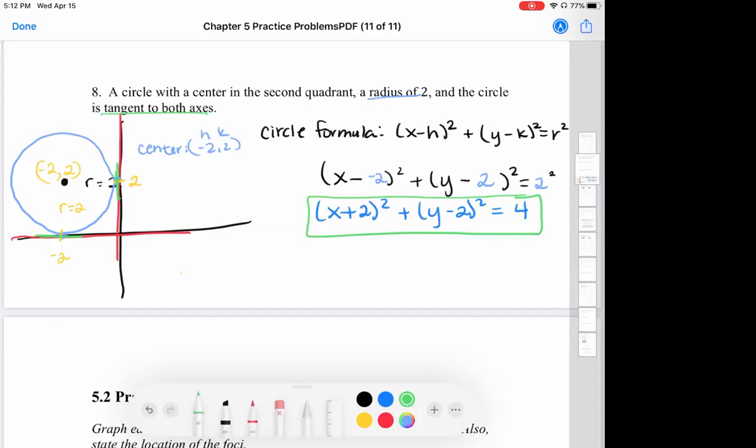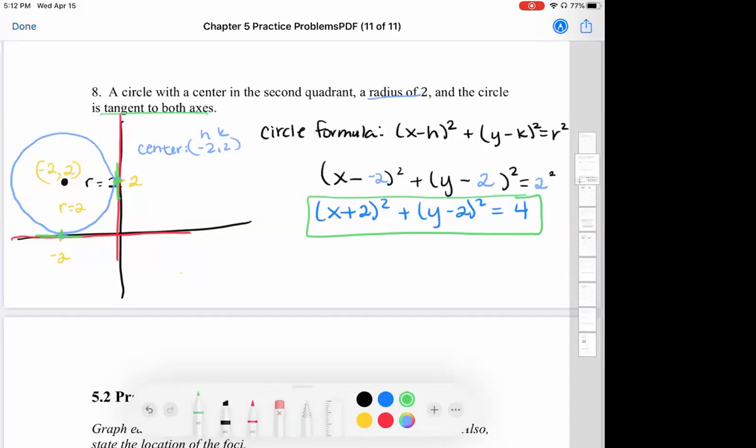I looked up tangent in the dictionary and it reads: a straight line or plane that touches a curve or curved surface at a point, but if extended, it does not cross at any point. So it just means it's touching at those lines.